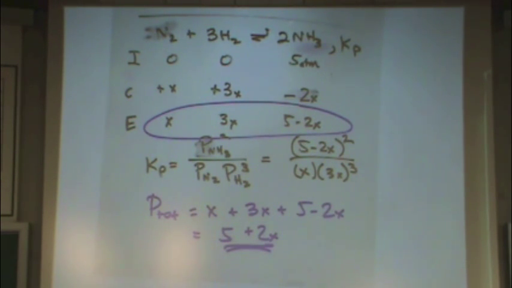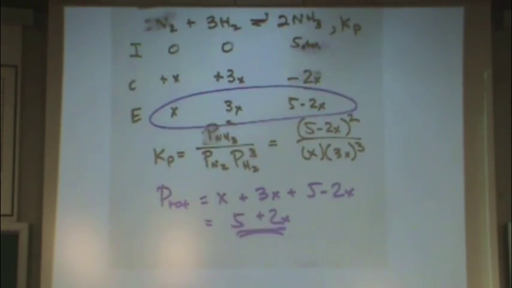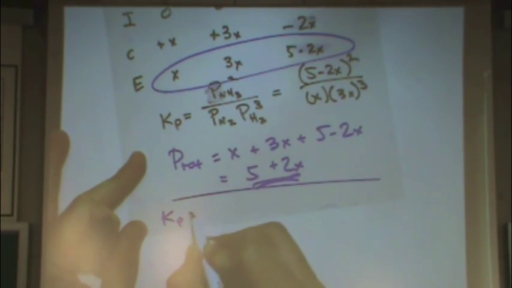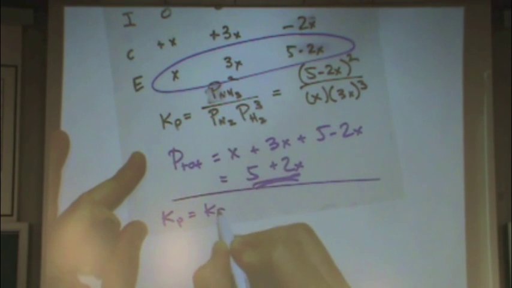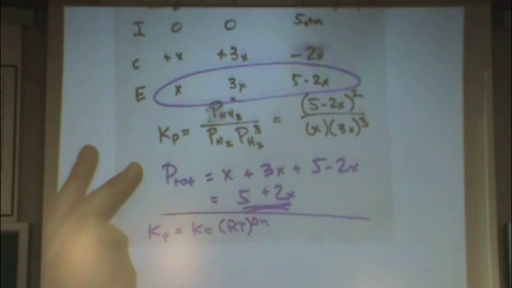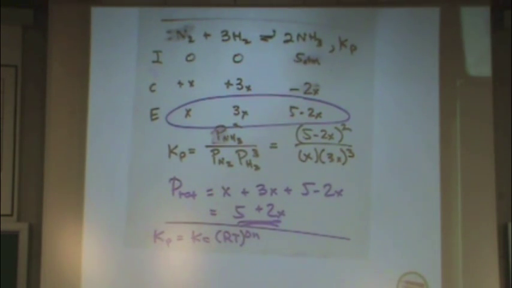Okay, so that's KP. If you need to convert, let's just do one more thing here. KP equals KC times (RT) to the delta n. So that's if you need to convert. Let's zoom out a little bit here. So say if you knew KC, what would be R? There's two R's, you know. It's the 0.08206, that R, because this is from the ideal gas law.